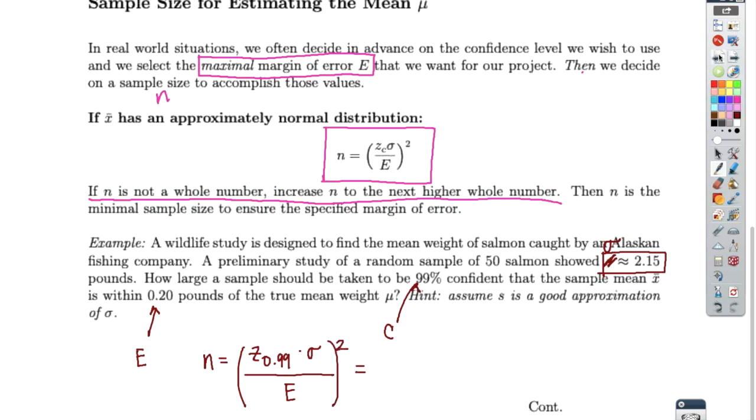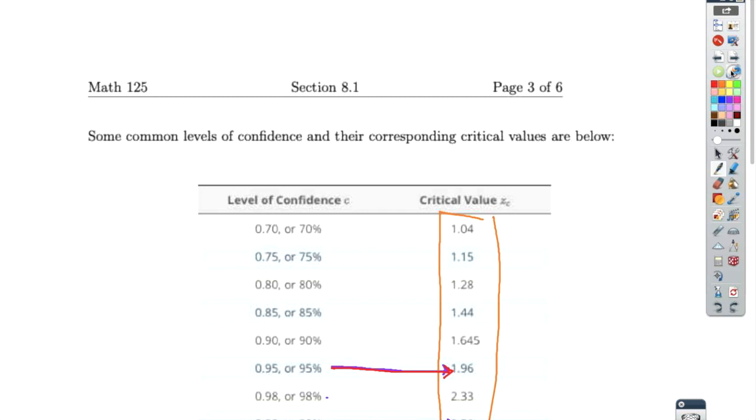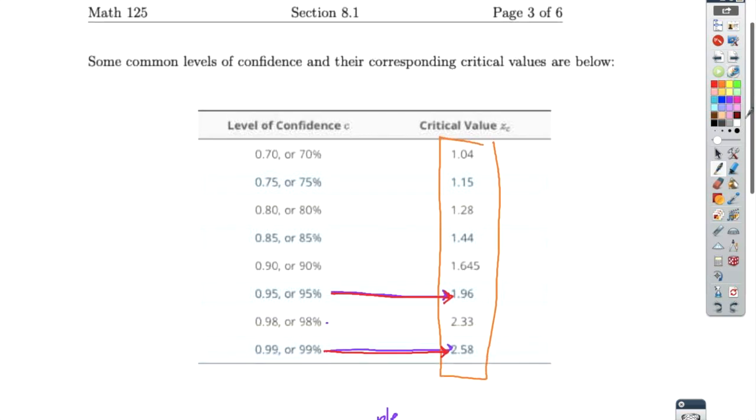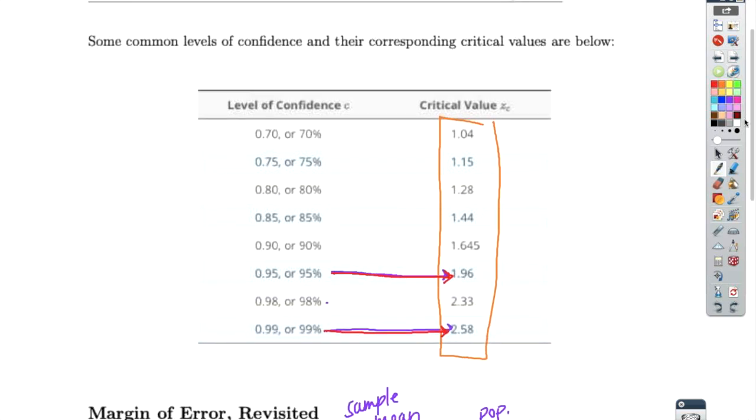So let's go back to our table, 2 pages back, and find our critical value for that 99% confidence. So 2.58. So everywhere I see z sub 0.99, that's going to be 2.58.